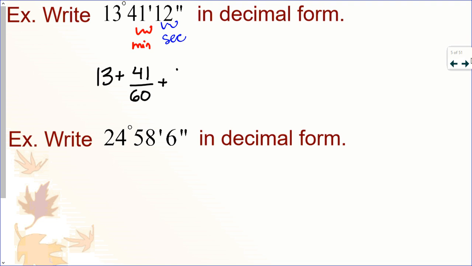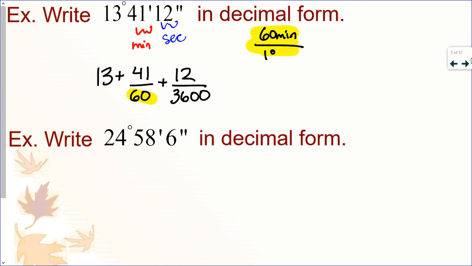And then plus 12 out of, and how many seconds are there in a degree? So 60 seconds in a minute, and then 60 minutes in a degree. So 60 times 60 gives us that 3,600. So we get these numbers because there are 60 minutes in 1 degree.